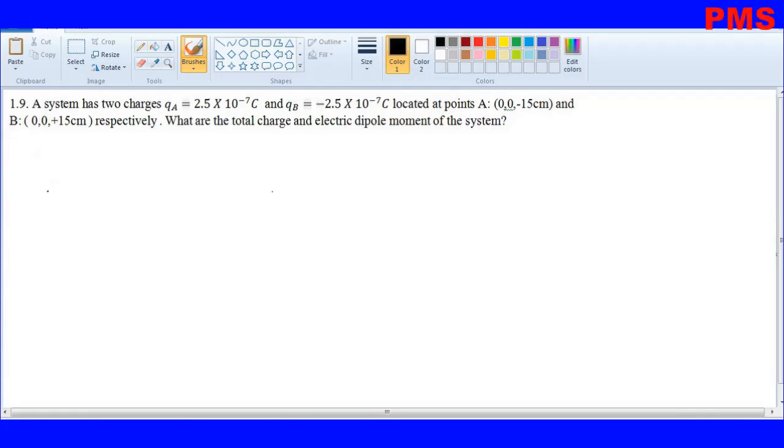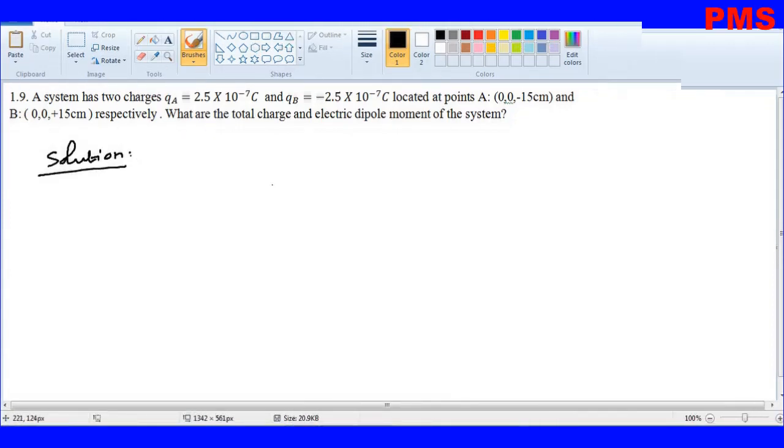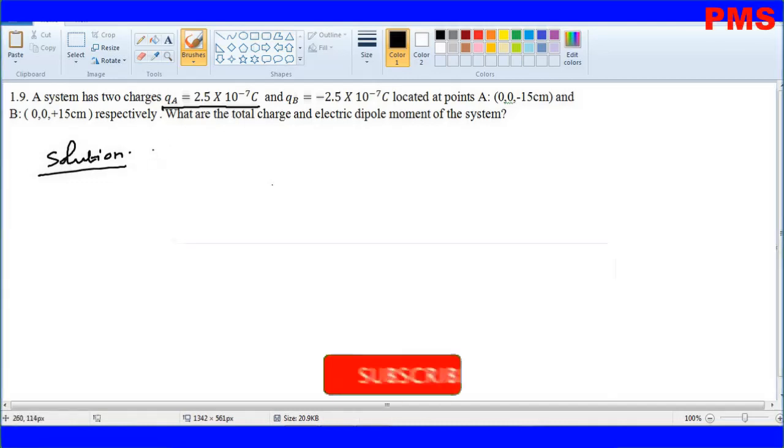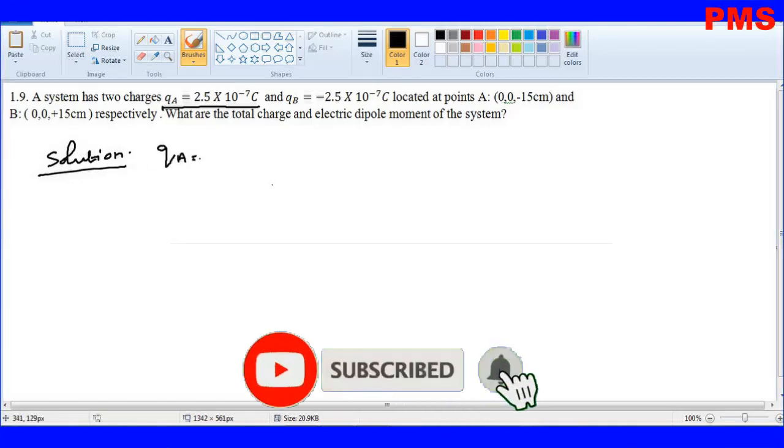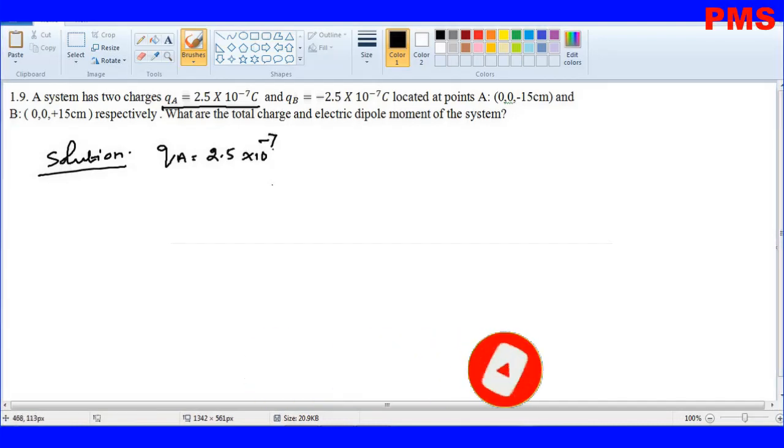What are the total charge and electric dipole moment of the system?